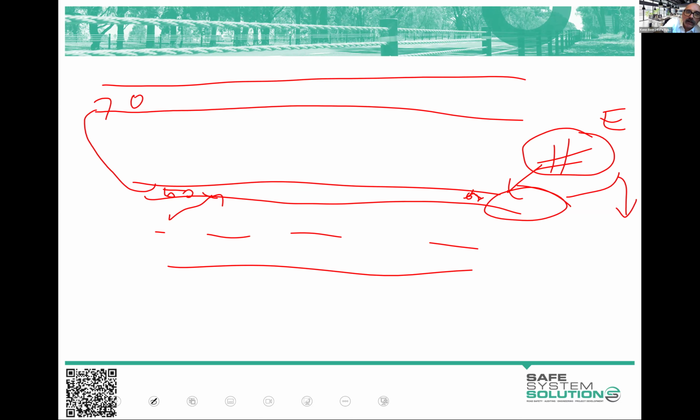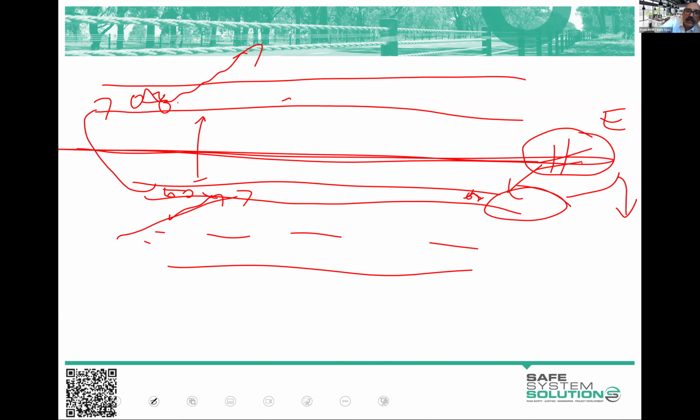There might be some other crash types that the bikes are exposed to up here, running off the path or striking a pedestrian, these sort of things. But a vehicle that leaves its lane and enters the bike lane, they're not exposed to that anymore, assuming we've got really good separation distance or some sort of physical barrier system through there. So I hope that helps a little bit. Let's have a look at some other questions or comments that have come in.